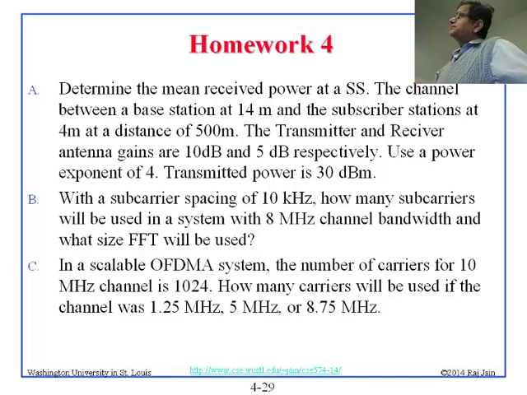So let's see. The first part says determine the mean received power at the subscriber station, the channel between the base station at 14 meters and the subscriber station at 500 meters. So we are showing you the 2 heights. The transmitter and the receiver gains are these in dBs.